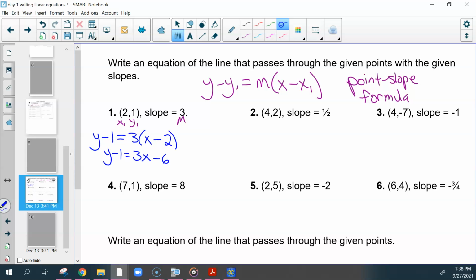And then to get it back in slope intercept form, get this 1 away from it by adding it to the other side. So we end up with the equation y equals 3x minus 5. And that would be our equation of the line, or our equation in slope intercept form.